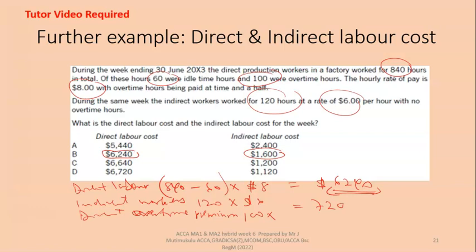Overtime was paid at time and a half, and the basic hour was $8. So the half part is $4, that's 8 divided by 2. So 100 multiplied by 4, we get 400.